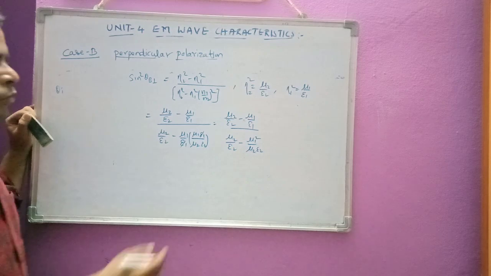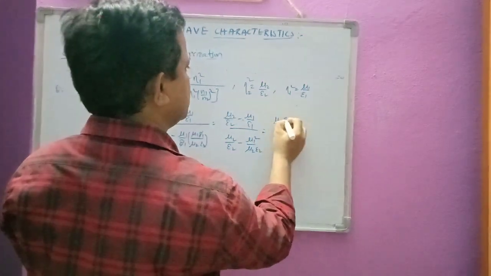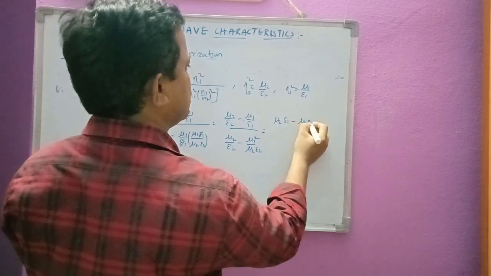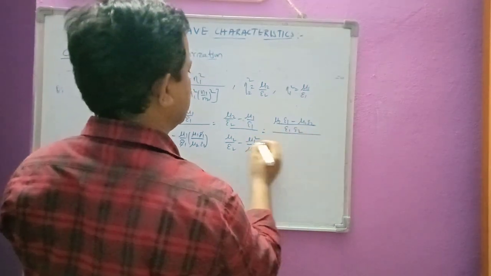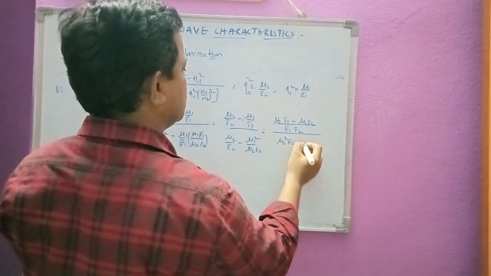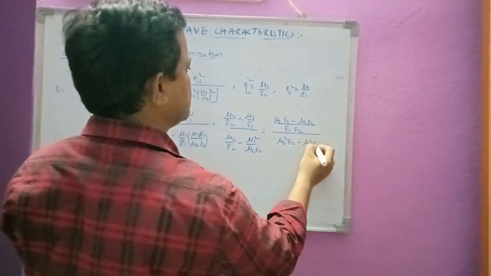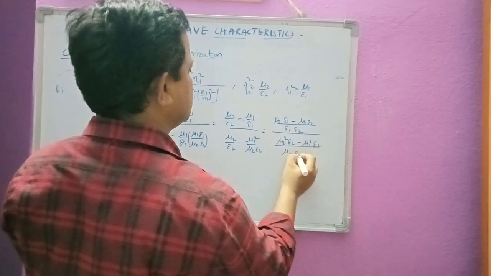Okay. Now if I take the LCM, I can write here as mu 2 into epsilon 1 minus mu 1 into epsilon 2 by epsilon 1 into epsilon 2. Similarly, I can write here as mu 2 square into epsilon 2 minus mu 1 square into epsilon 2, and here as mu 2 into epsilon 2 square.